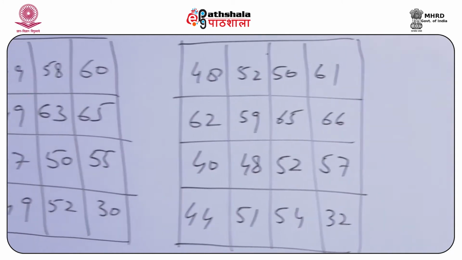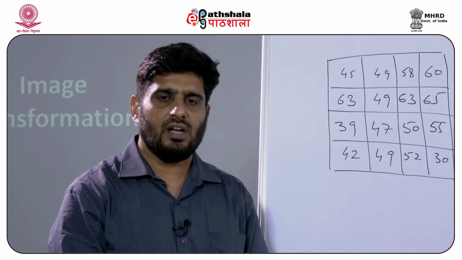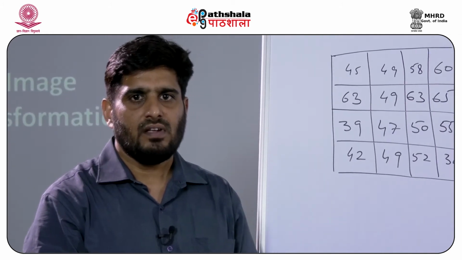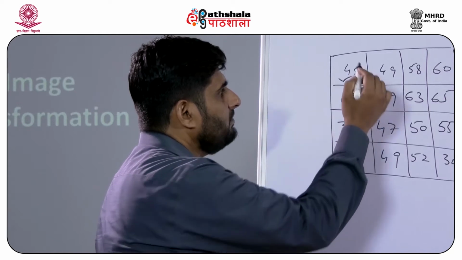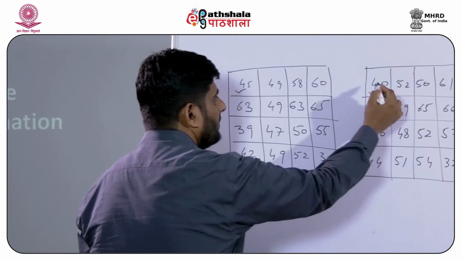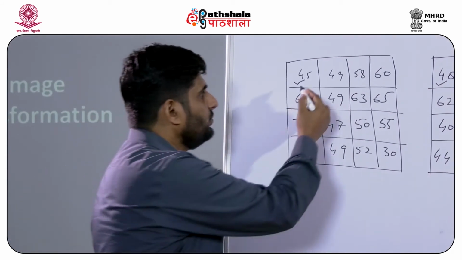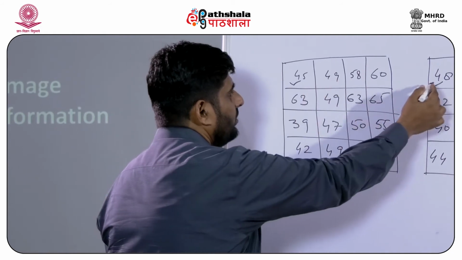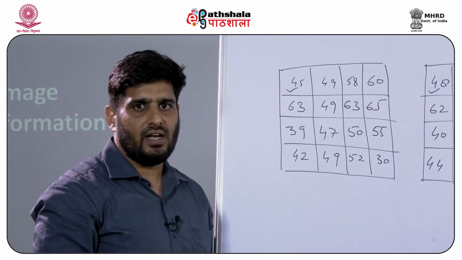Now, if we have to carry out, for example, averaging, then we will do that on a pixel by pixel basis. In that case, we will take each pixel in the first band or the first image, and then the corresponding pixel of the second band or second image. We will take the average of these two values, which may come out as a fraction, but we can convert that into an integer.